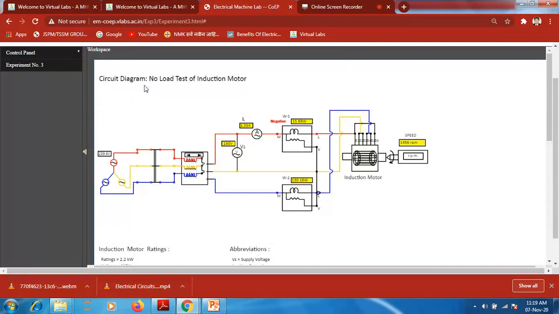Hence we have satisfied the no load condition of an induction motor over here.